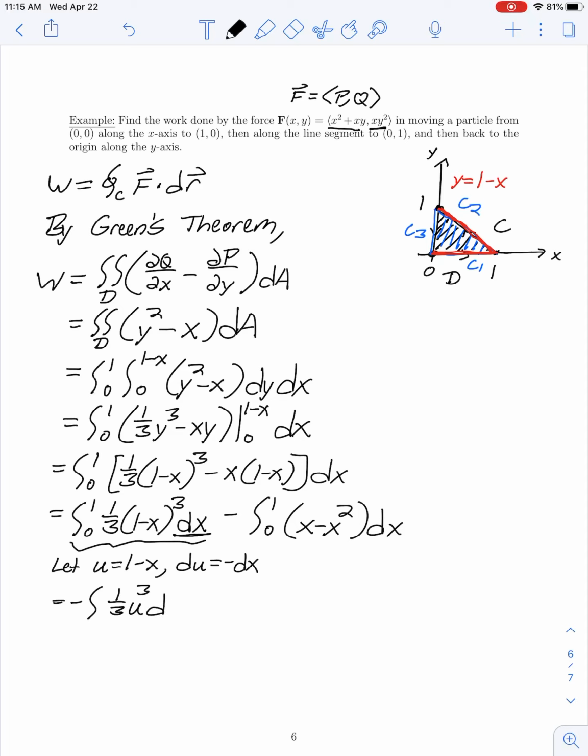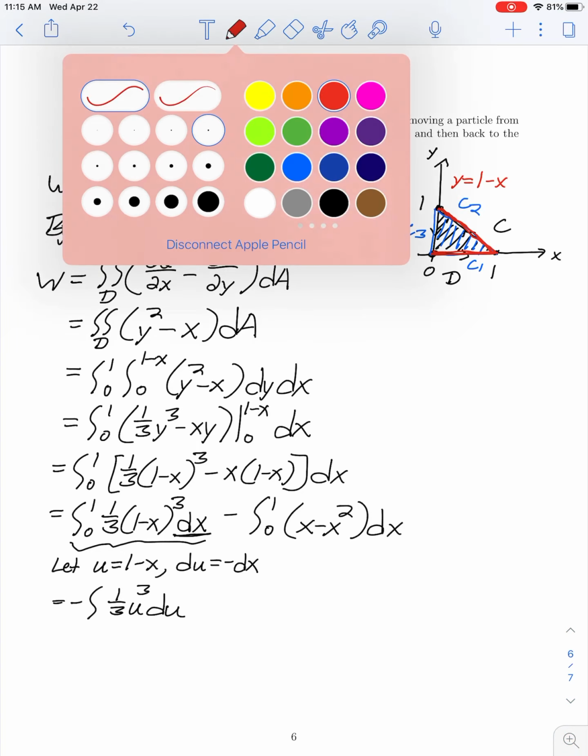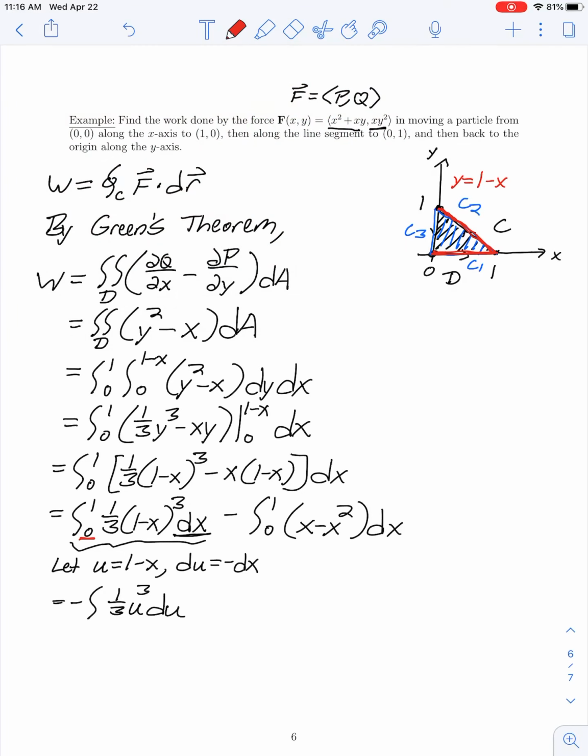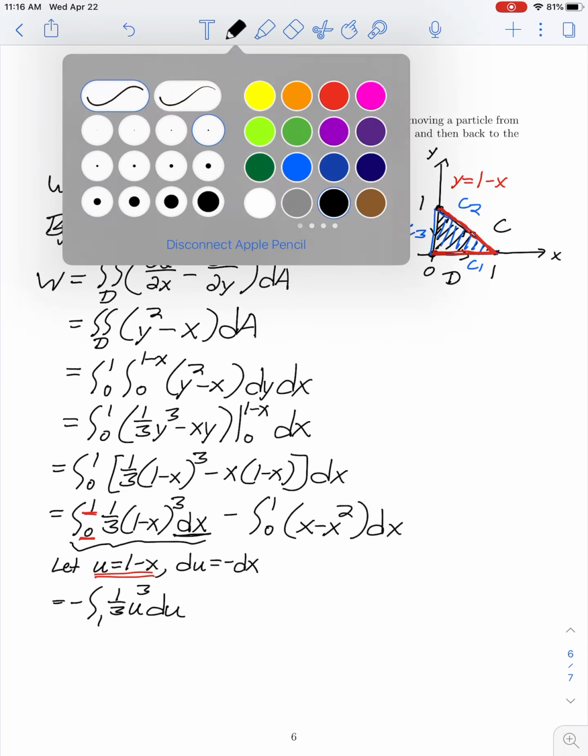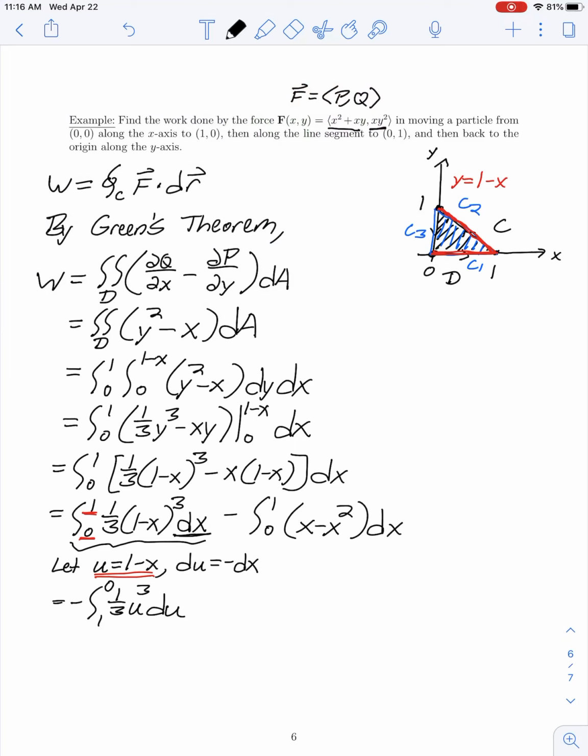So I could bring my negative out in front, I have a du. And then let's change our limits of integration. So here, when x was equal to 0, u, which is 1 minus x, would be equal to 1. And when x is equal to 1, u, which is 1 minus x, is then equal to 0.